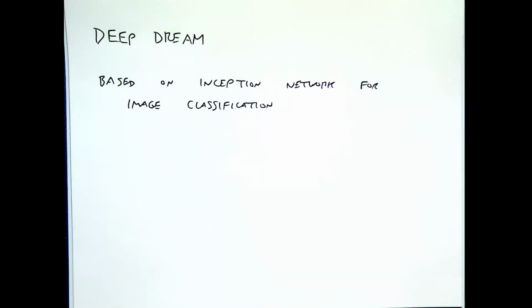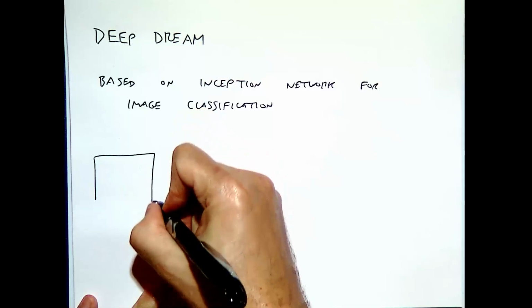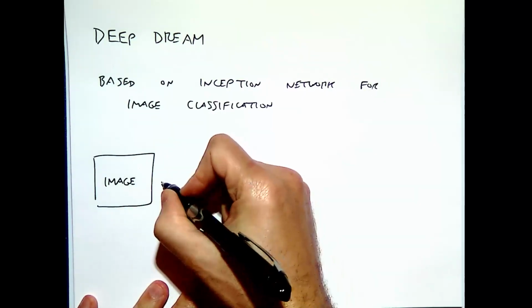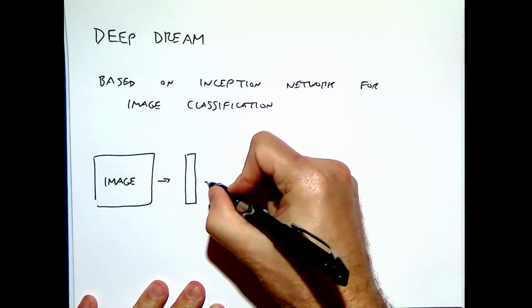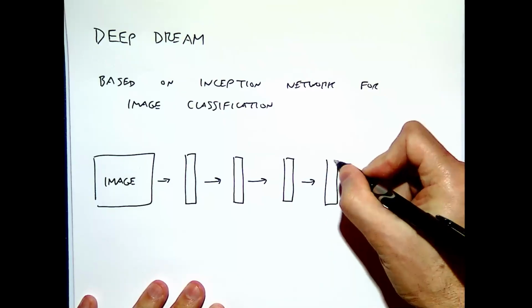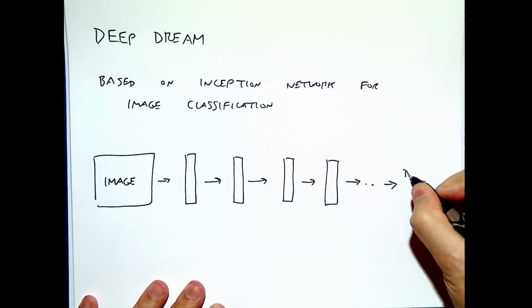And so remember that, in a very sketchy way, a classification deep network works like this: I have an image and I put it through a bunch of layers, and at the end I end up with a decision or a classification.